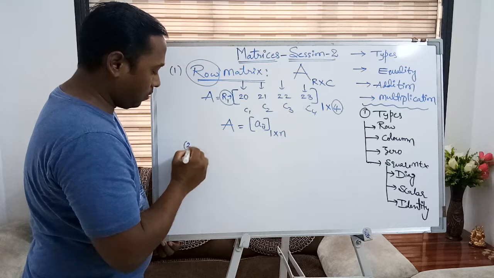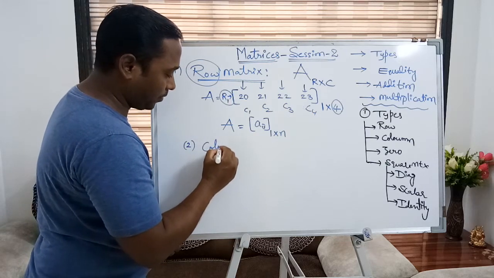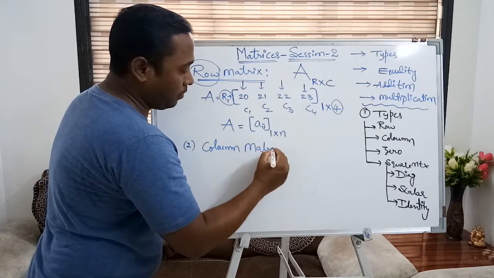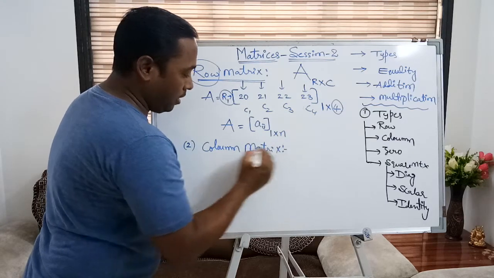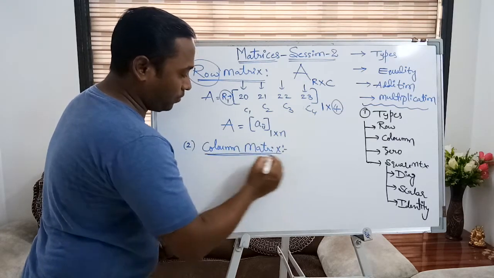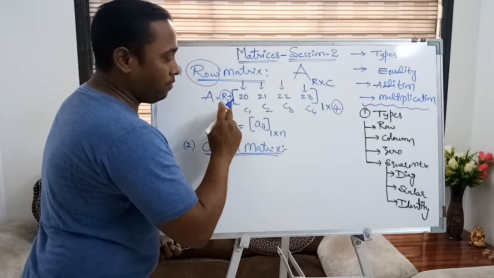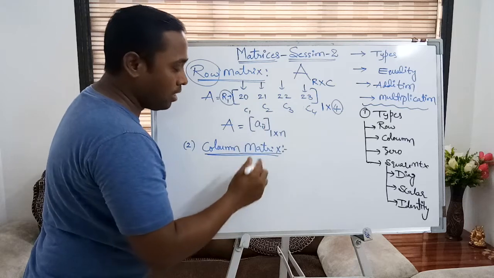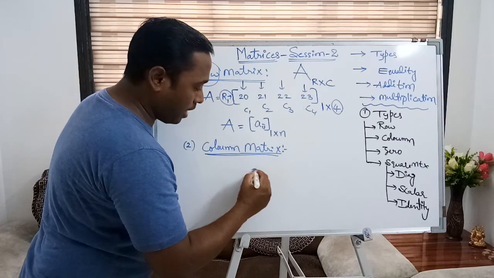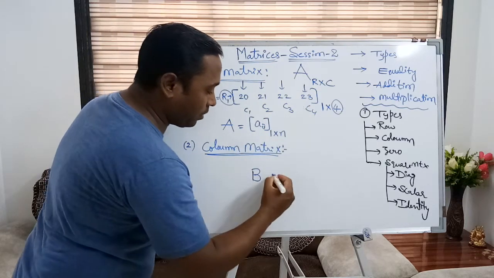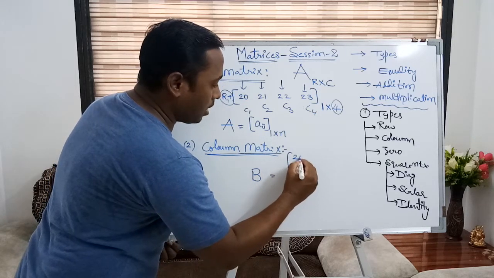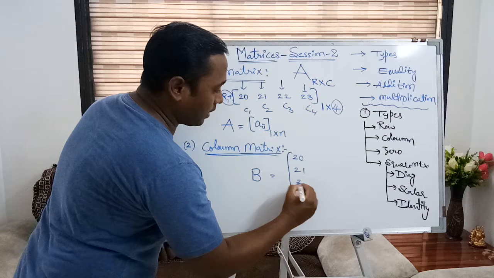Now the second is the column matrix. What is a column matrix? The name itself again tells us something. It has only one column. If I write all these 4 entries in a column, let us say I am representing that arrangement with a matrix B, writing the roll numbers as entries column-wise.